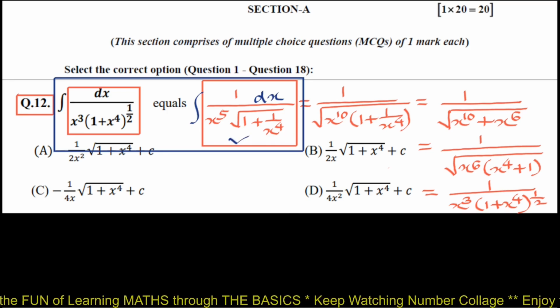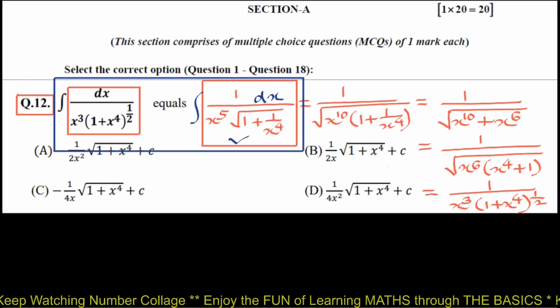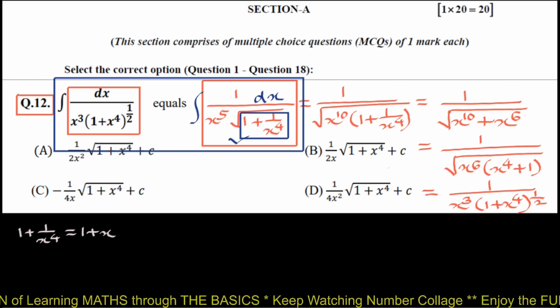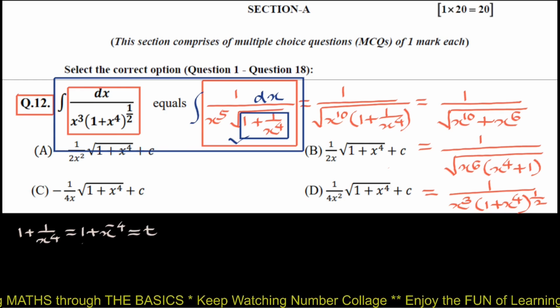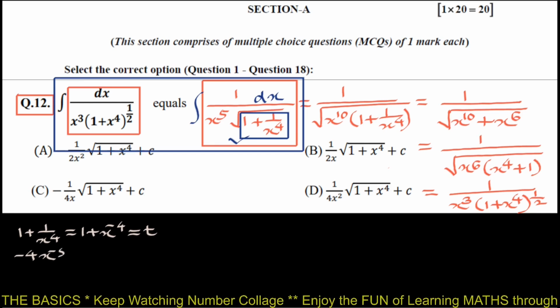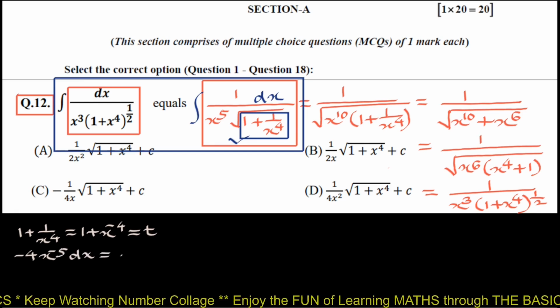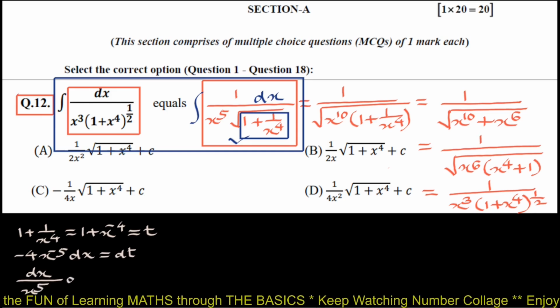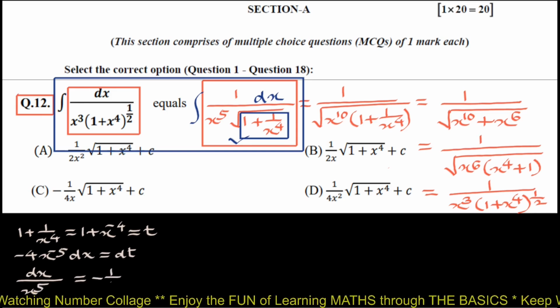For that, we will assume 1 plus x raised to minus 4 equals t. After differentiation, minus 4 x raised to minus 5 dx equals dt, so dx upon x raised to 5 equals minus 1/4 dt.